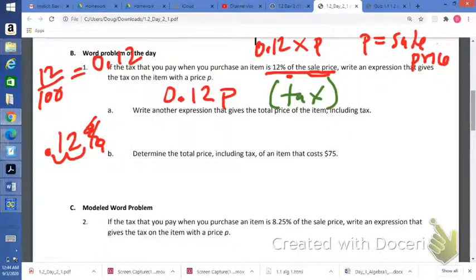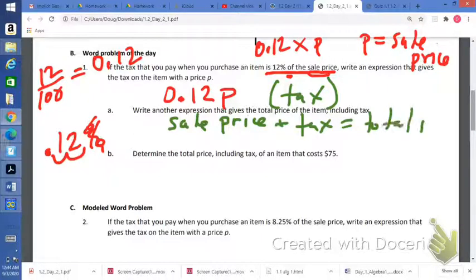Alright, so total price, what's that going to be? So if we wrote this in words to help you understand, the total price is going to be the sale price, plus however much tax you're paying on it, and then that's going to equal the total price.